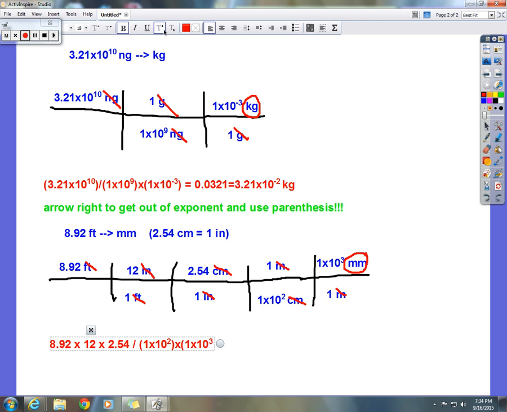Sorry, I'm trying to do this everywhere. Arrow right, close parentheses, and then enter.